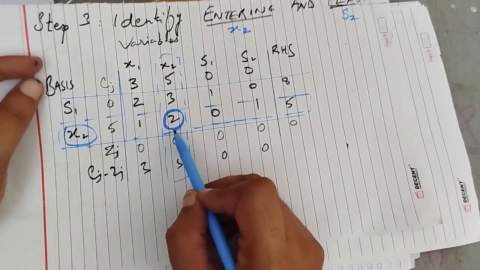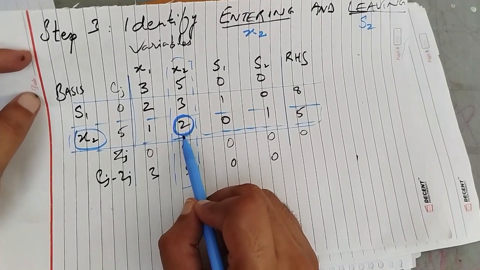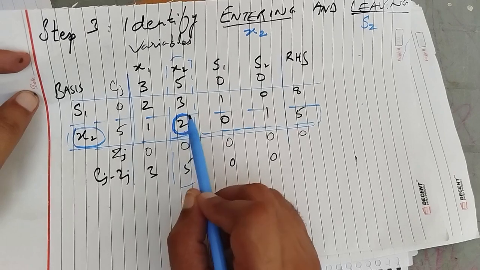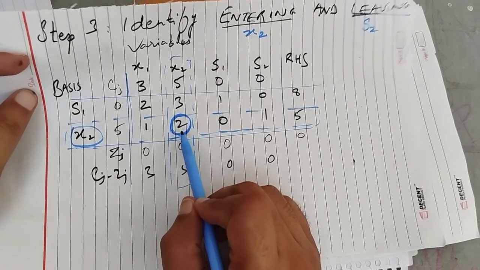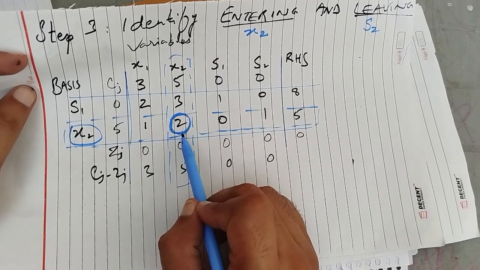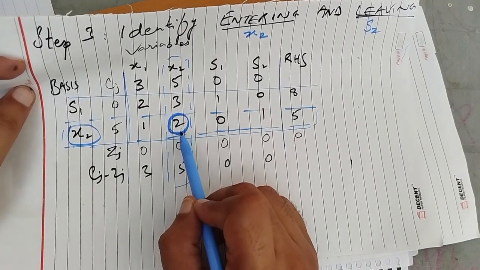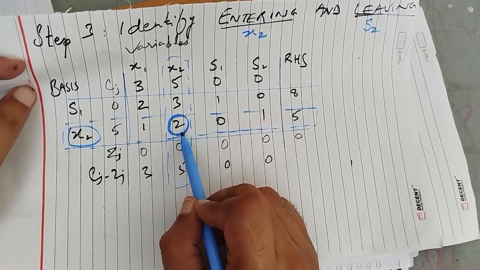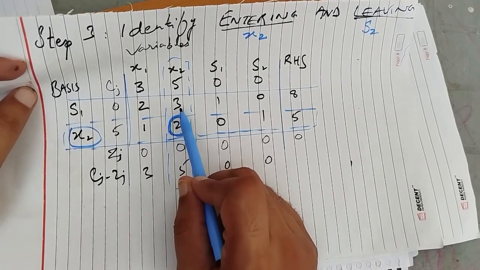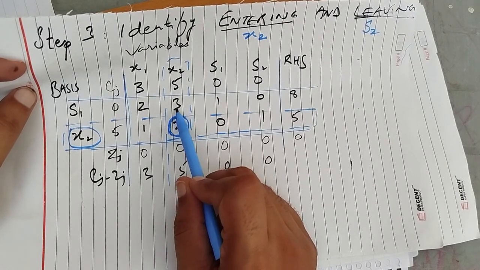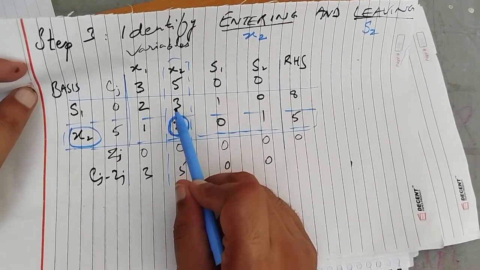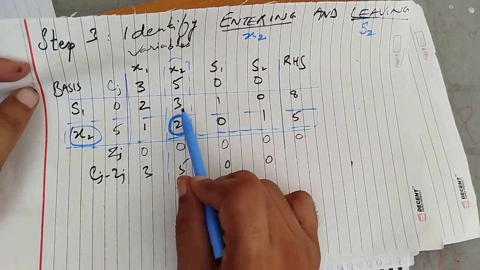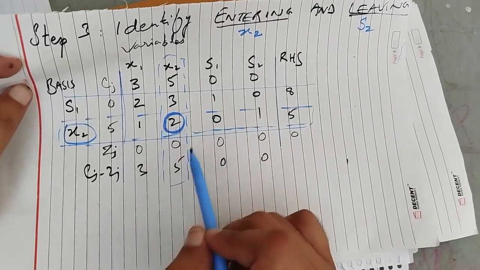We have to divide this row by 2, so that it will become 1, and then we have to multiply that particular new value, which is obviously 1, with 3, and then subtract it from this element row. So what would it be? It would be 0. So this we are going to perform.